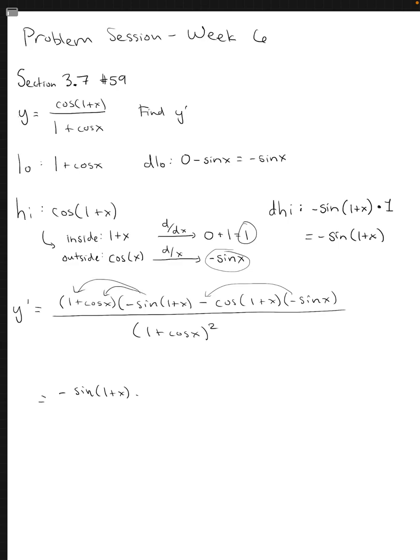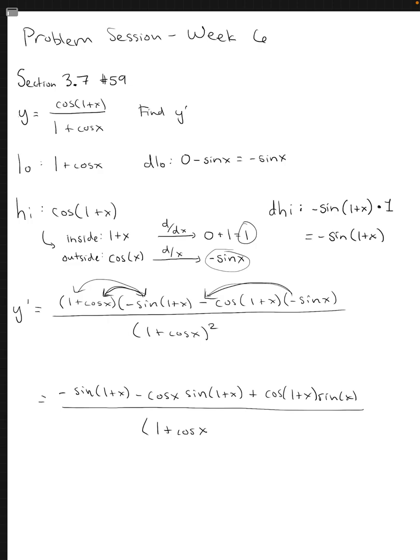When you distribute it here, it becomes negative cosine x sine of 1 plus x when you multiply these two together. And then when we simplify this, it becomes plus cosine of 1 plus x times sine of x when we multiply that through. And we can't really do anything about the bottom because there are no factors that look like this up top, right?